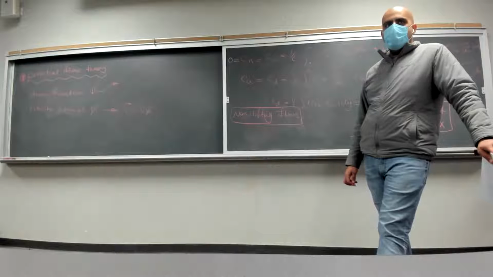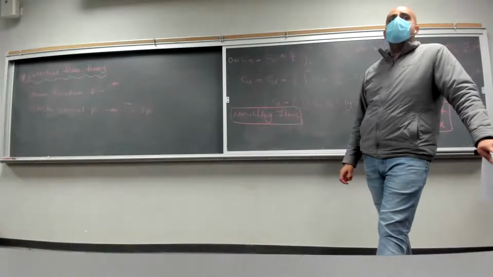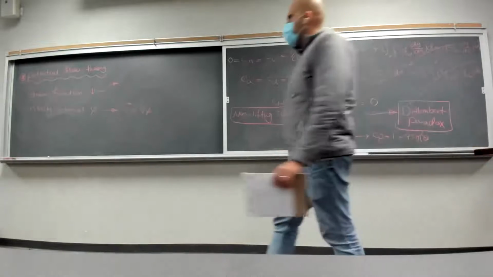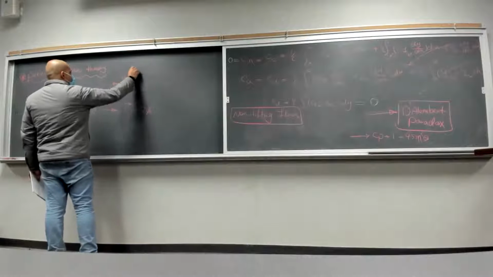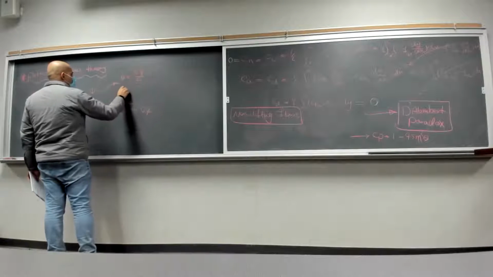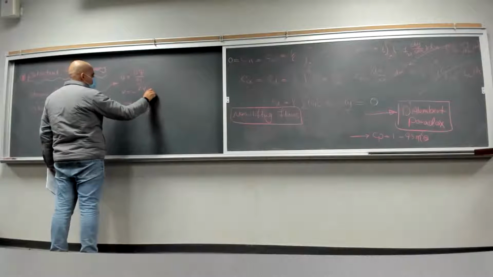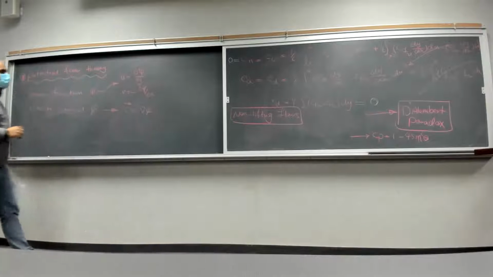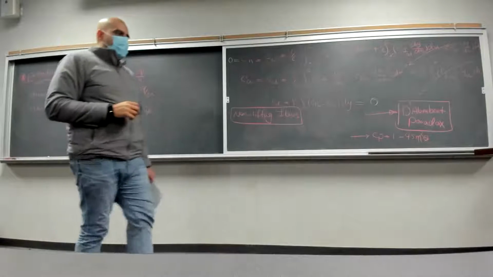How did we calculate velocity components in a Cartesian coordinate system using the stream function? u equals partial psi, partial y, okay? And v equals negative partial psi, partial x, right? This is how we define a stream function, and this is how we define velocity potential.